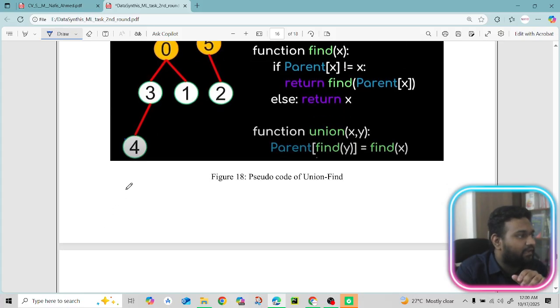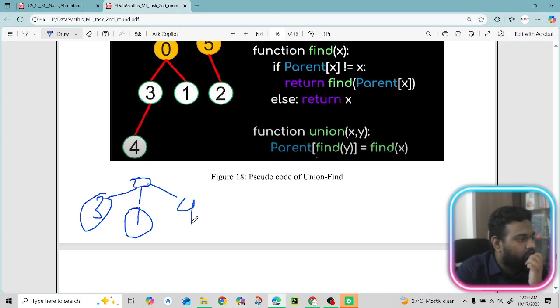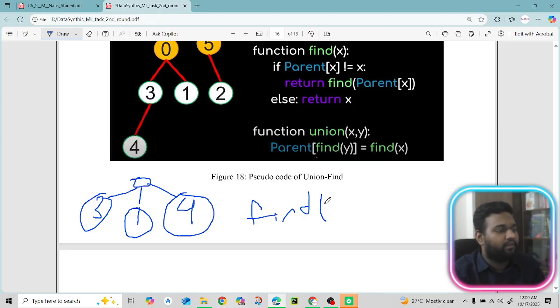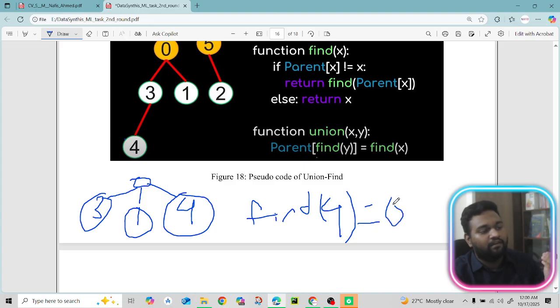I can actually make it like this: 0 is connected to 3, and 1 is connected by 4. If I call the find function now, it will give my result instantly, that yes, 0 is my leader, 0 is my representative.